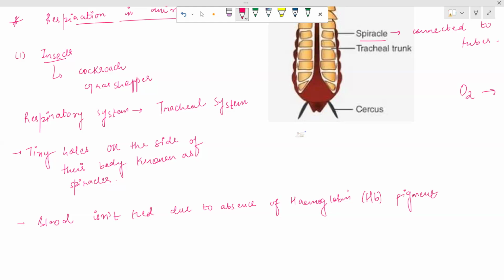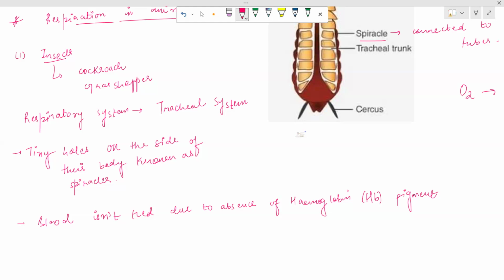Also, one more thing: hemoglobin is responsible for transporting oxygen. In your body, hemoglobin binds with the oxygen to transport it to different parts of the body where it is utilized. If they don't have hemoglobin, how is the oxygen transported?